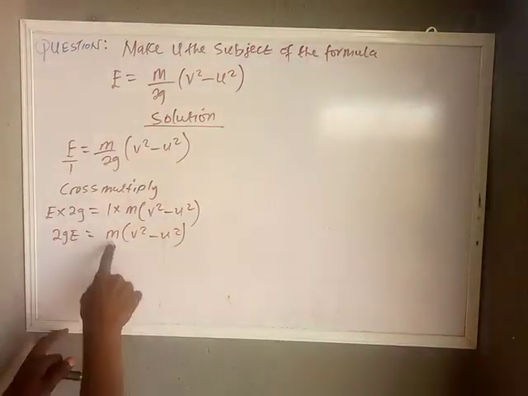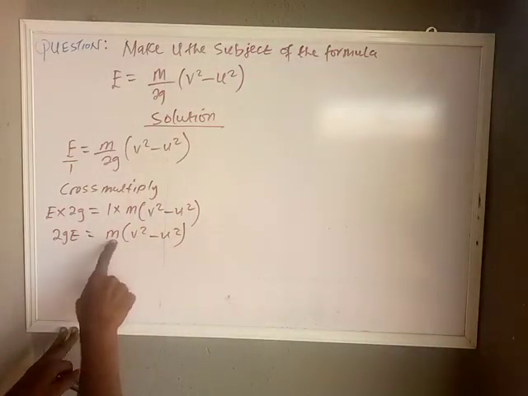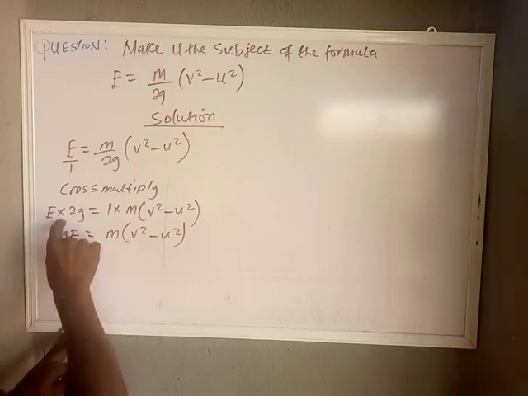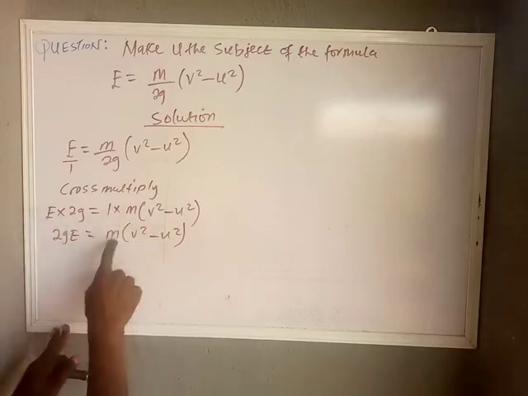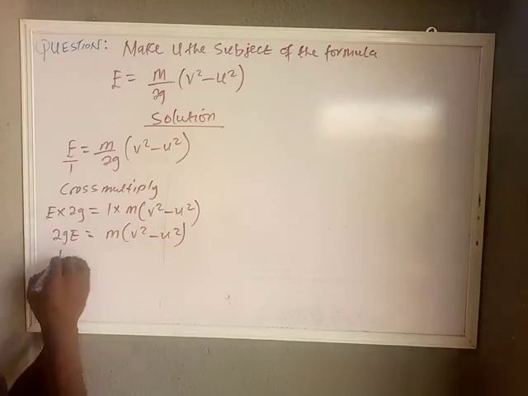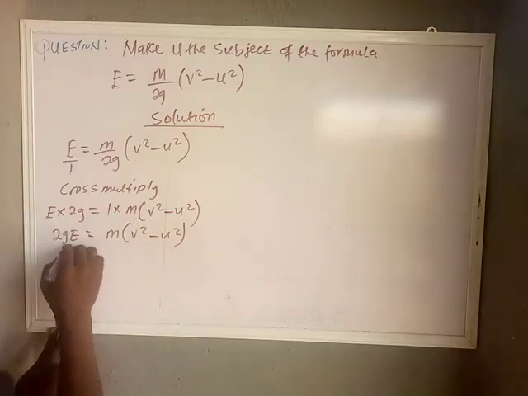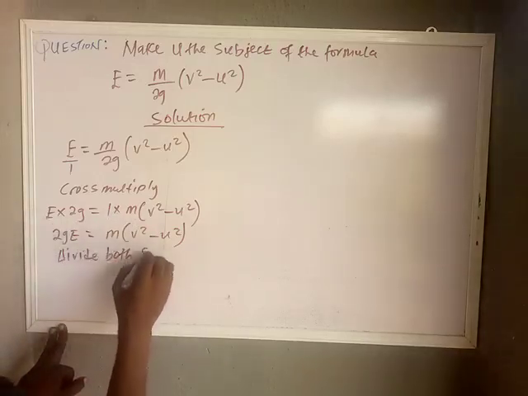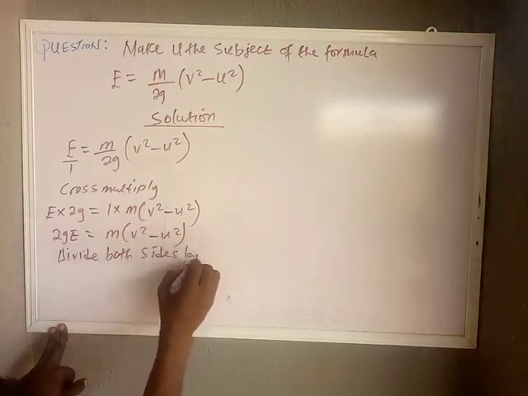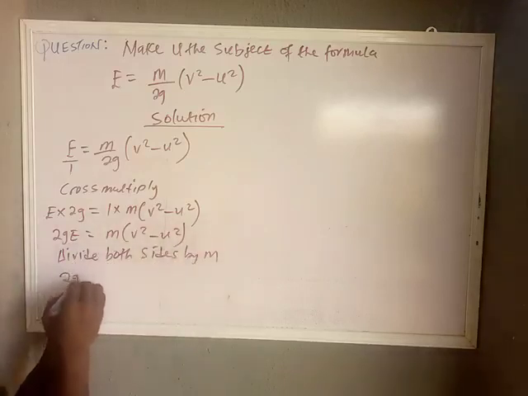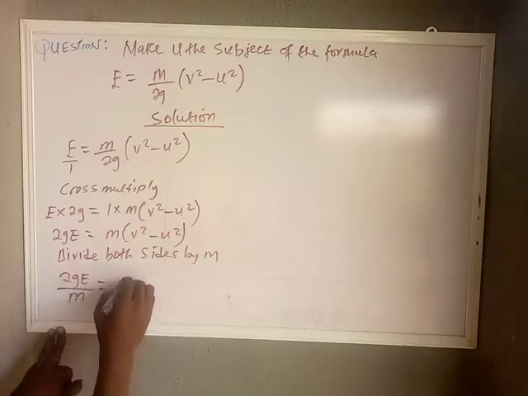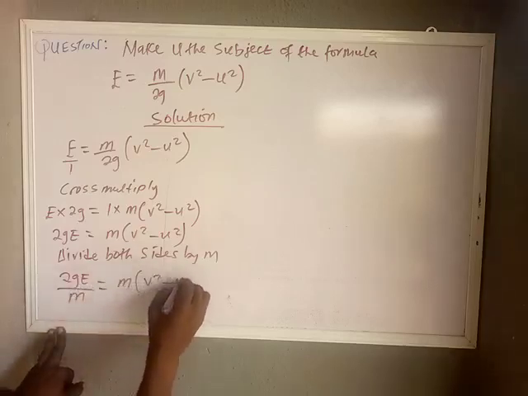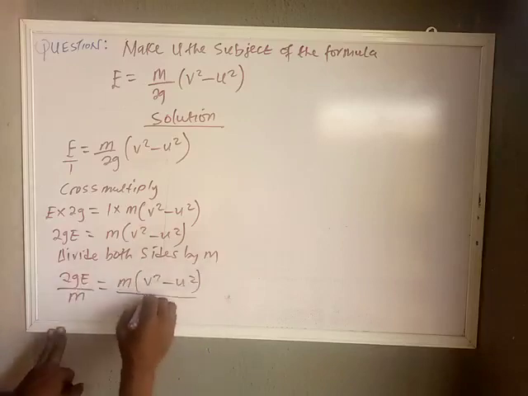Now the next thing to do, you have m here, so we're going to divide both sides by m. This side by m, this side by m. We're trying to eliminate this, so divide both sides by m. So we have 2ge over m equals m times v squared minus u squared over m.